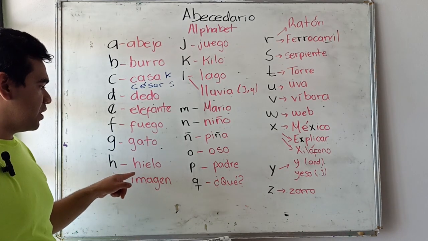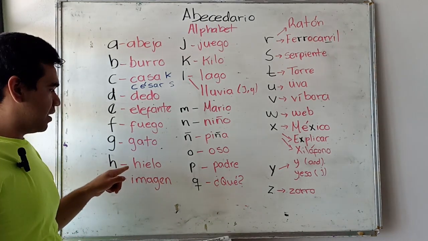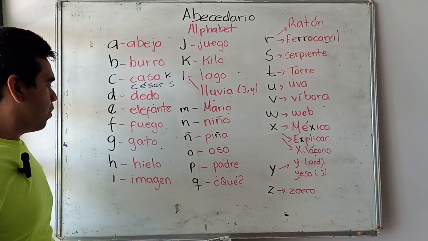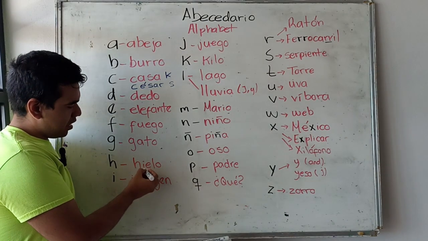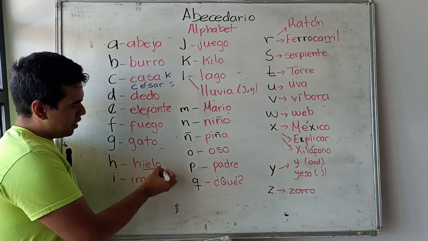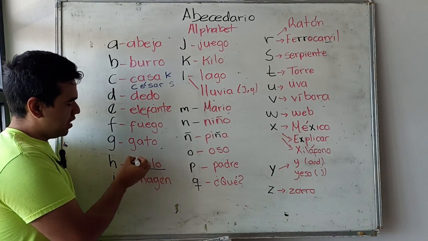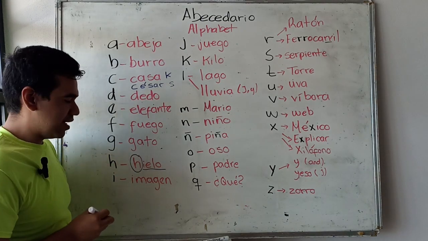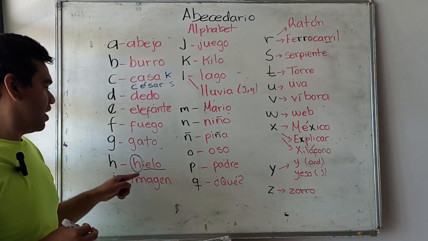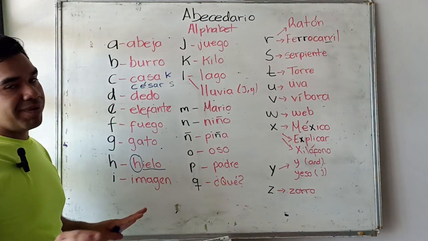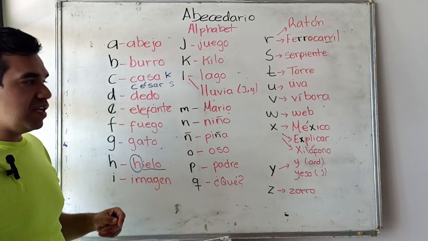For instance, in this word, hello, we are only pronouncing "ello". The letter H doesn't have any sound. It doesn't matter the word. It doesn't have any sound.